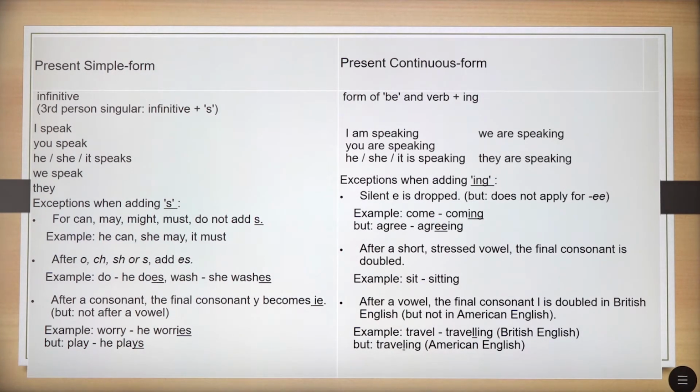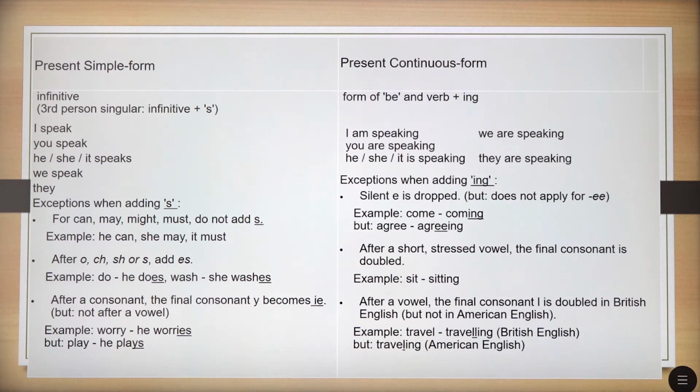After that, if the verb ends with o, ch, sh or s, we add es. For example, do, he does, wash, she washes. After a consonant, the final y becomes ie.